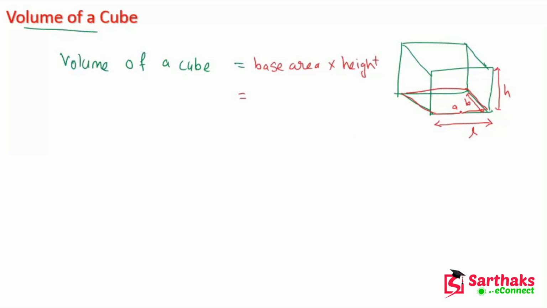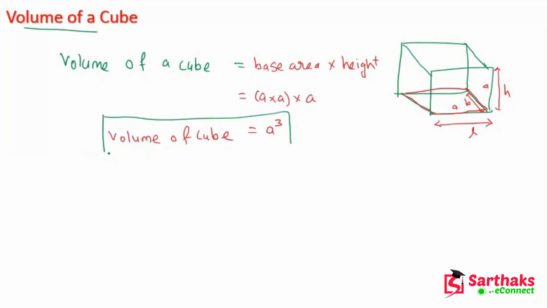Here length and breadth are both A units, so A into A. The height is also A units. So the formula becomes A cube, where A is the length of the edge of the cube. This is the volume of a cube.